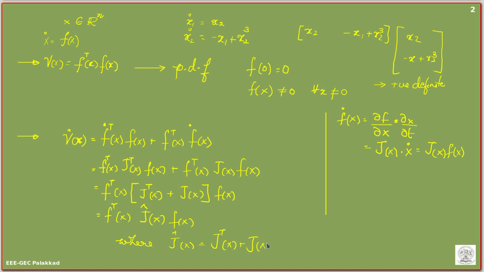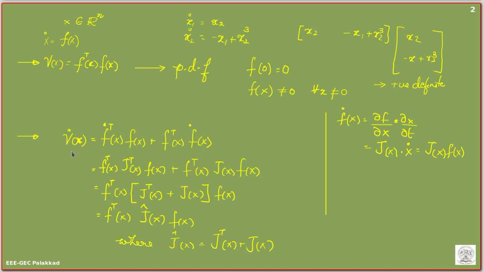Okay, so now, by the Lyapunov direct method, what can you say? We can say that if v of x is a positive definite function and v dot of x is a negative definite function, the system is asymptotically stable.